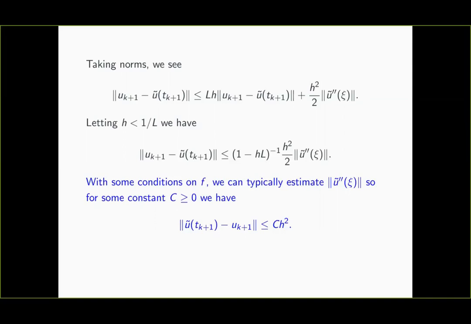And typically with some conditions on f, we can also estimate the Euclidean norm of u tilde prime prime. And so again, we get that for some constant c, the Euclidean norm of the local discretization error is bounded from above by c times h squared. The same estimate as for the explicit Euler method.